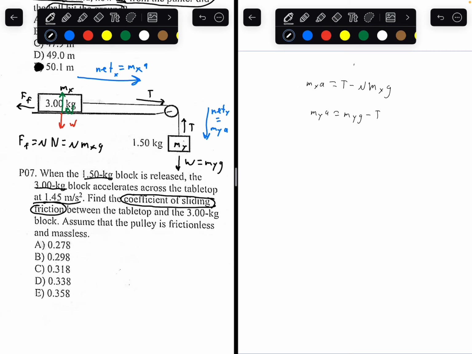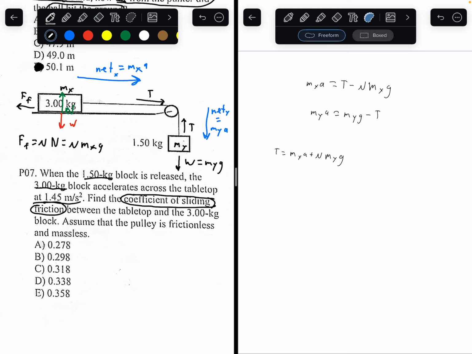At this step we want to substitute T. So we can rewrite the first equation as T equals mass of x times acceleration plus the coefficient of friction times mass of x times gravity. That's what T equals, and then we substitute that into the second equation.